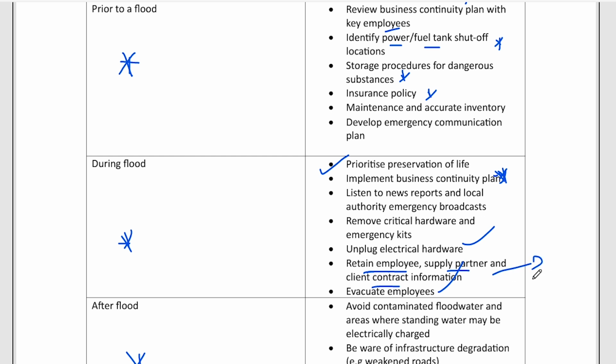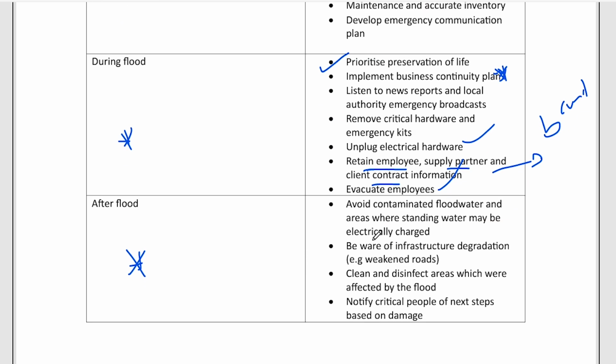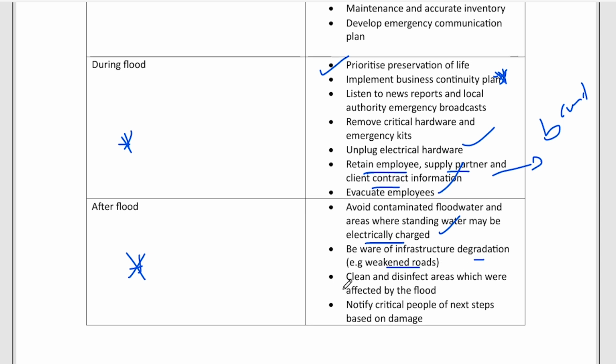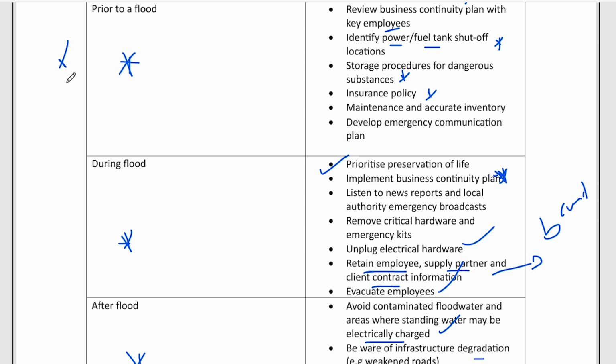That's very important. Why? Because remember, we still have a business to continue doing. After the flood, obviously you're going to avoid contaminated areas because of electrical charges, and beware of infrastructure degradation like weak roads and stuff like that. So the point is there was a plan before, during, and after.